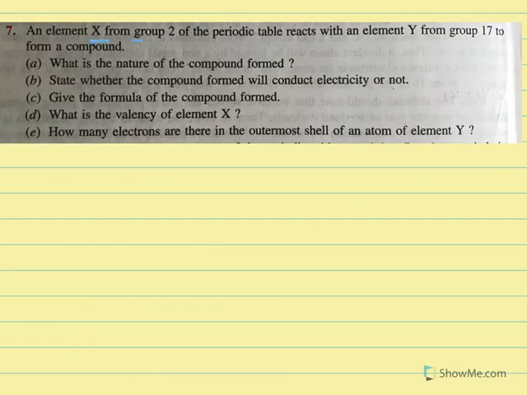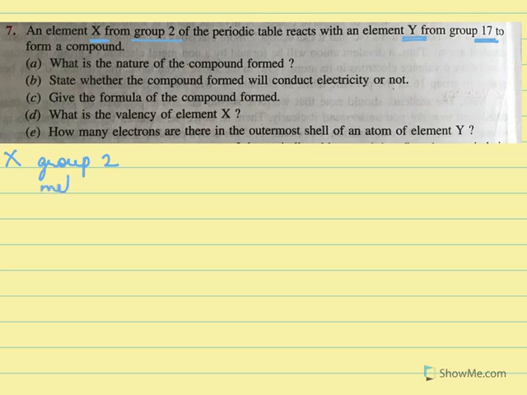An element X from group 2 of the periodic table reacts with an element Y from group 17 to form a compound. What is the nature of the compound so formed? We'll just examine. So you have X, which belongs to group 2.